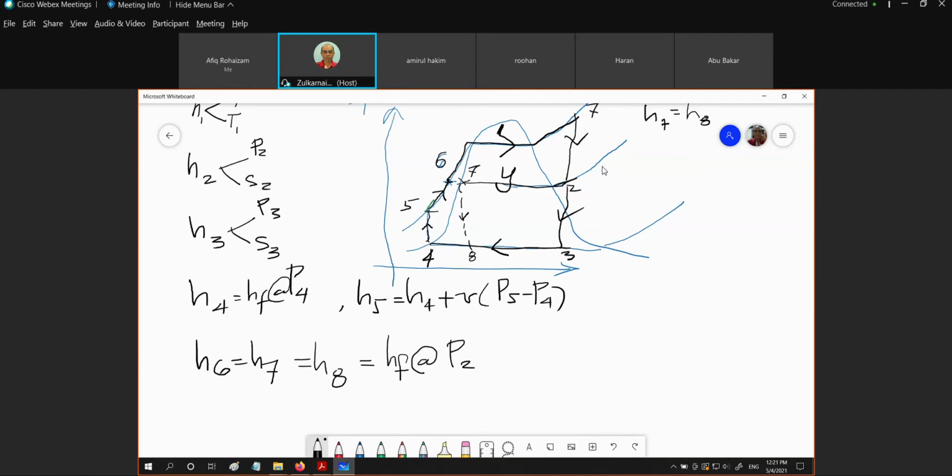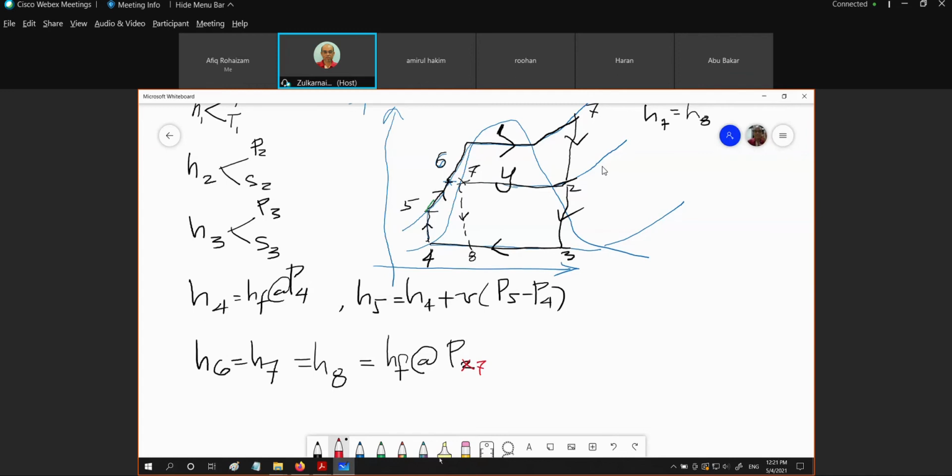Okay, so I should put right here at 7, HF at 0.7, although we know that the pressure of 7 and 2 are the same.